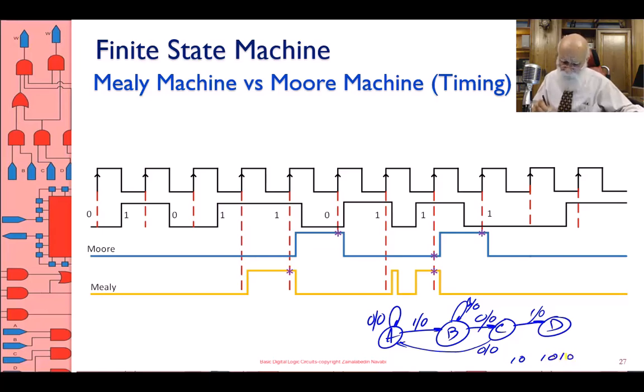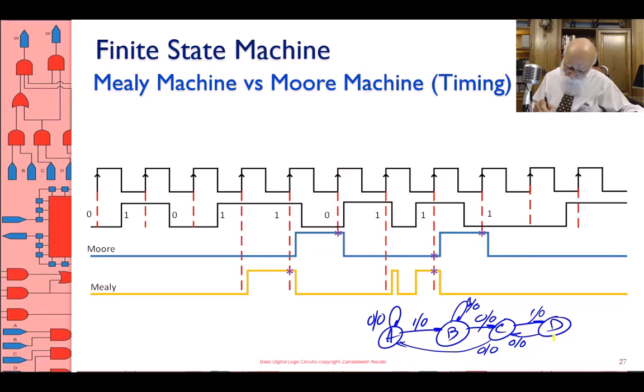If I receive a 0, then there is a possibility of 1, 0, and then another 1, and therefore I go to C, 0, with a 0 output. But then if I'm in 1, 0, 1, 1 in D, I get a 1 output, and therefore I'm going to erase all of this.